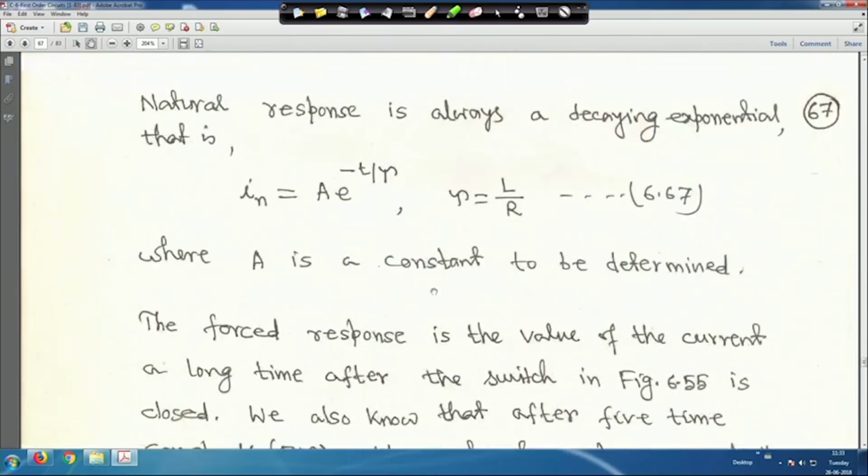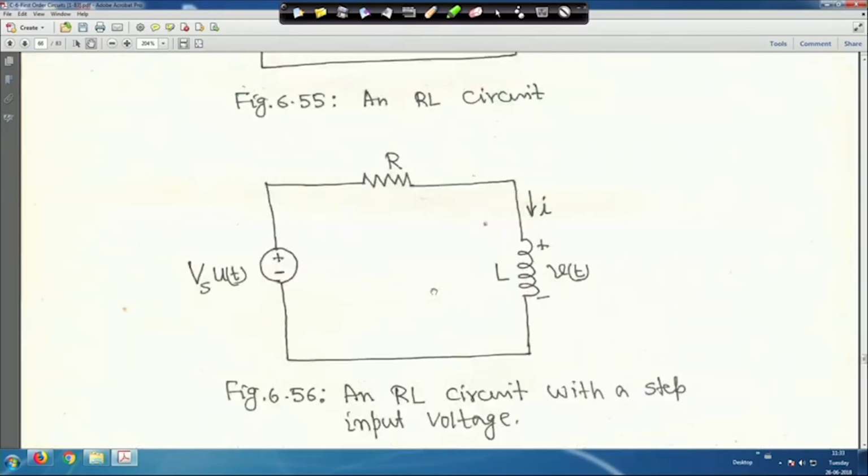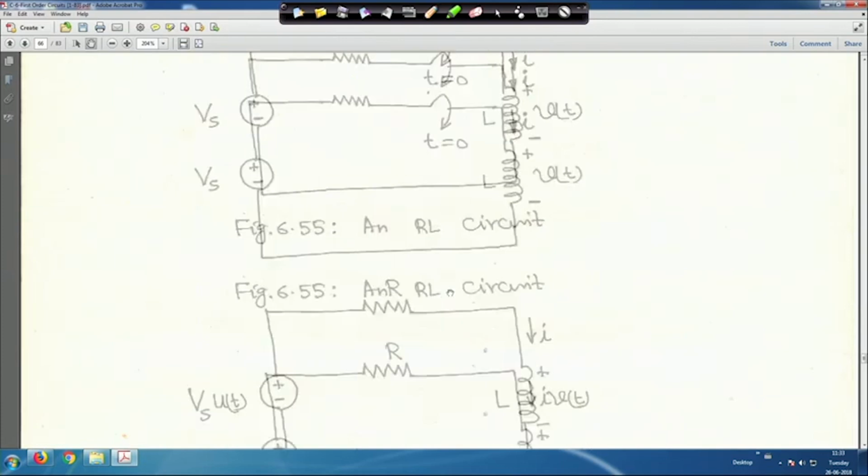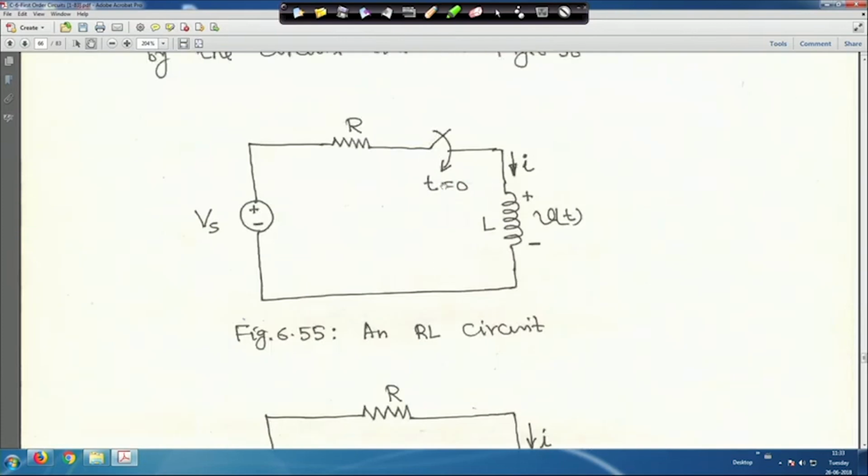As I told you initially, when the switch is closed and left for a long time, the inductor acts as a short circuit.